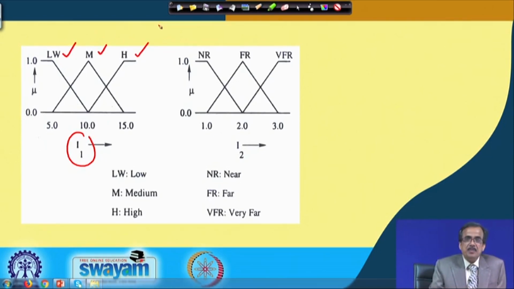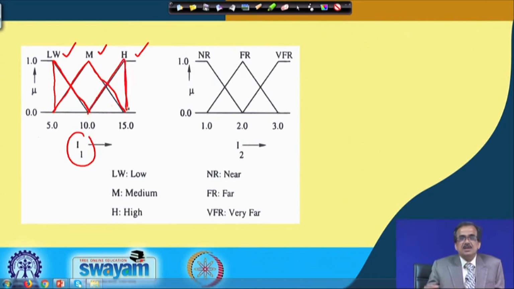And as I told previously, for simplicity we have considered the triangular membership function distribution. Here we consider one isosceles triangle. Similarly, for low we consider a right angle triangle, and for high also we are going to consider a right angle triangle.